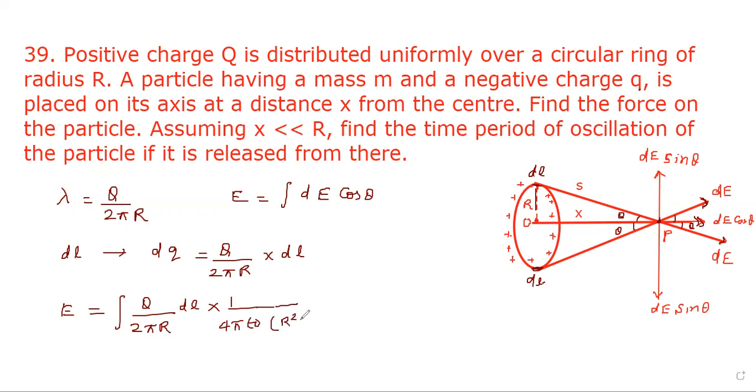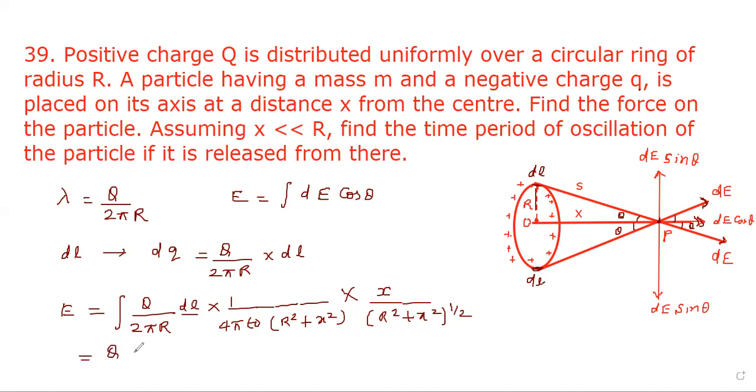So r square plus x square times cos theta. So cos theta will be equal to base upon hypotenuse, that is x divided by r square plus x square whole power half. So here the only variable is dl. Other things we can take out.